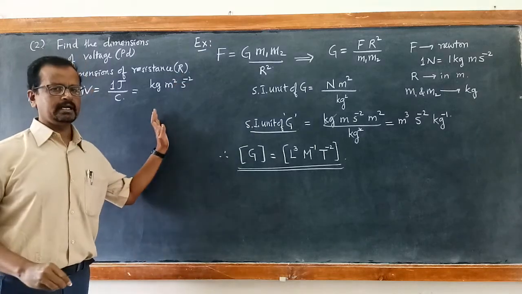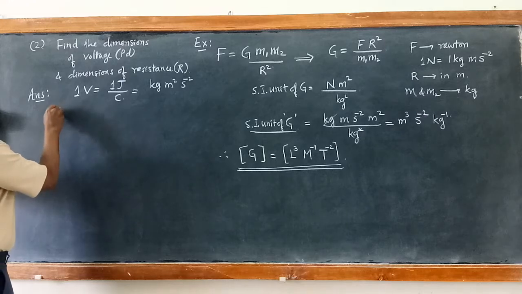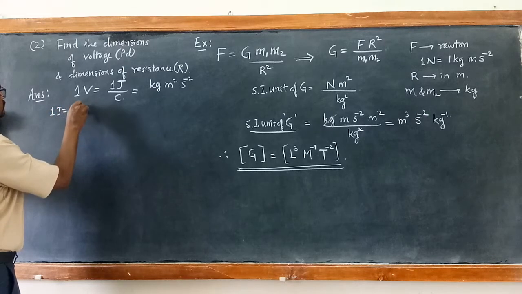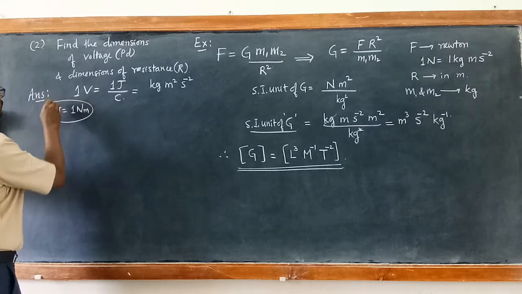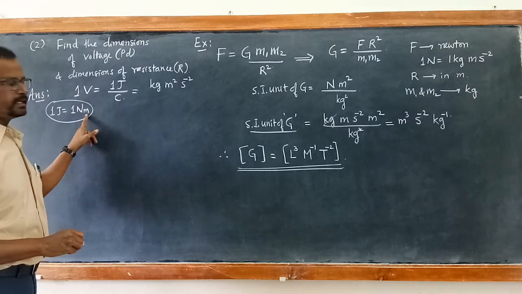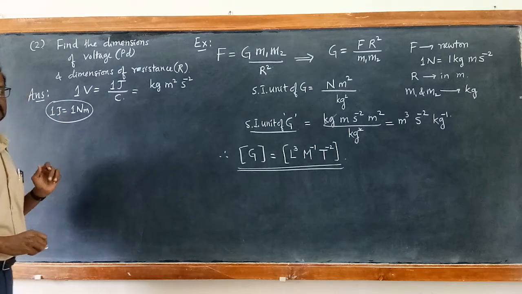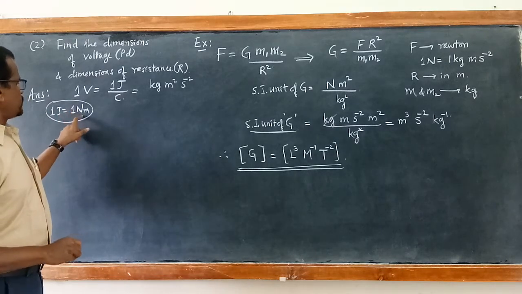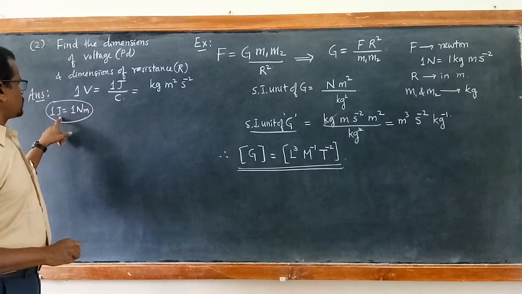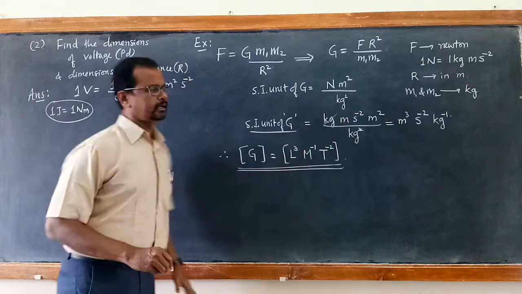How did I write that directly? You see, 1 joule is equal to 1 Newton meter. 1 Newton of force multiplied by 1 meter of displacement gives us 1 joule of work done or energy. 1 Newton we know already, kg meter per second square.